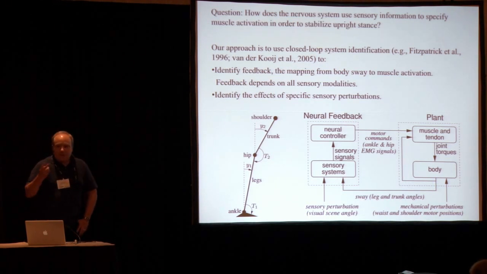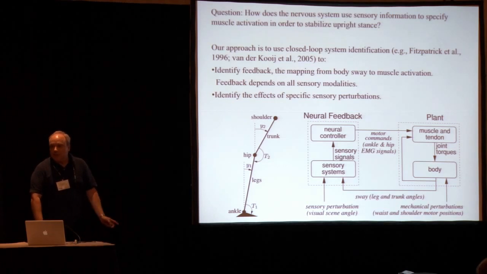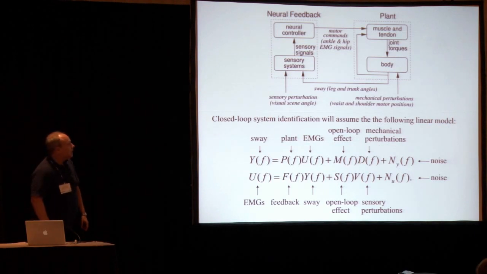And there's two parts of this. There's identifying feedback, which we define as the mapping from body sway to muscle activation. And defining it that way, when I just say feedback, that includes all of the sensory modalities. And you can also identify the effect of specific sensory perturbations, for example, vision.